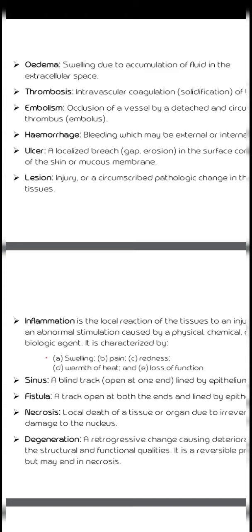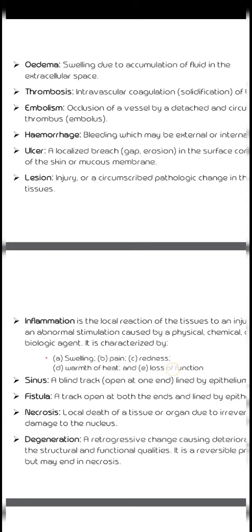Same if we have an accident and we have damage in the skin, where the upper part of the skin gets removed, the connective tissue gets removed and the muscles are exposed, that would be a good example of an ulcer.